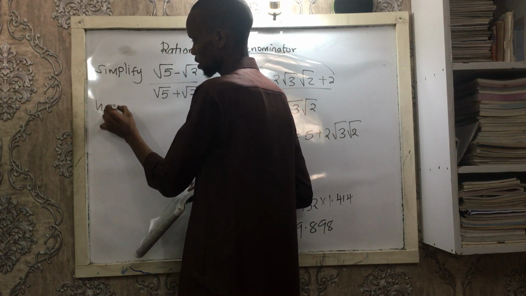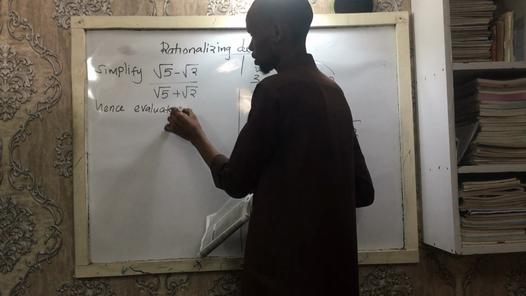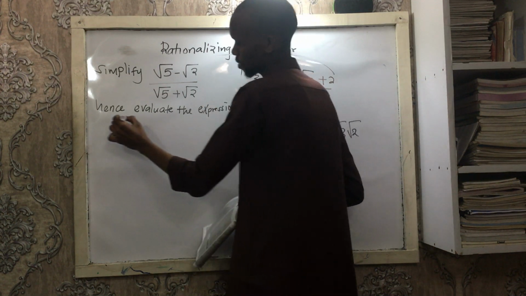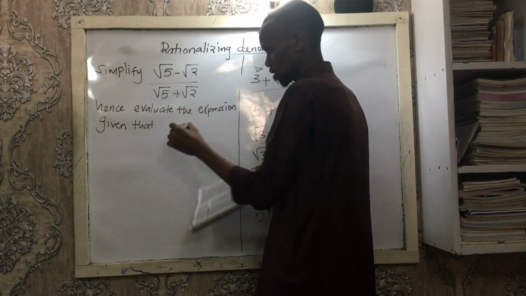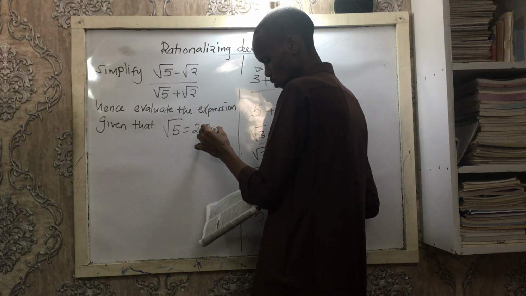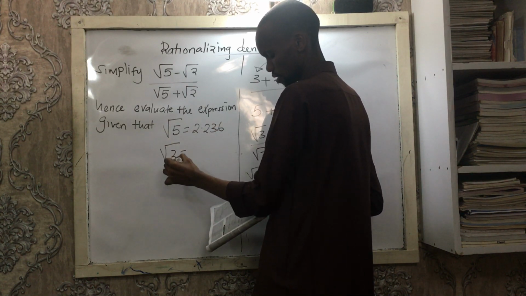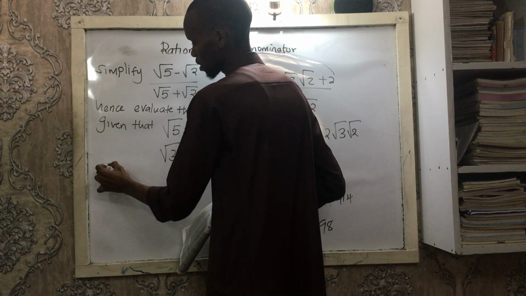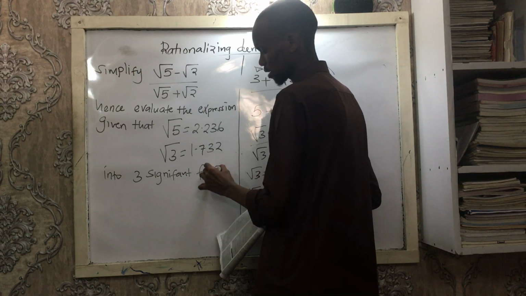Hence, evaluate the expression given that root 5 equals to 2.236 and root 3 is given as 1.732 into 3 significant figure.